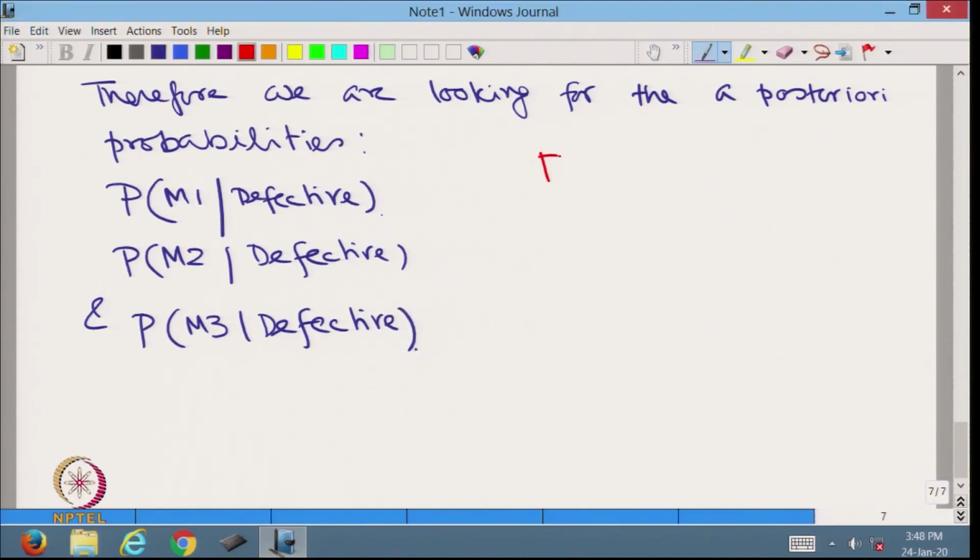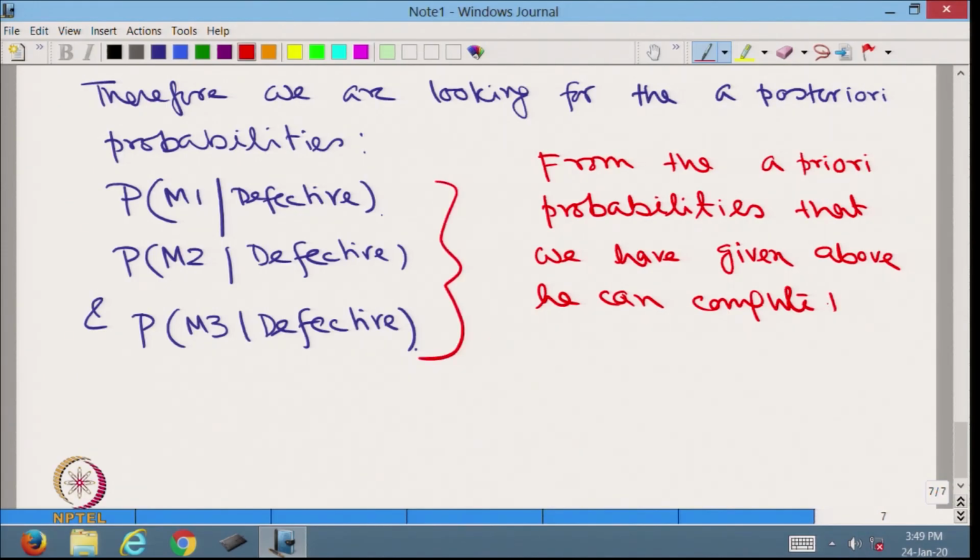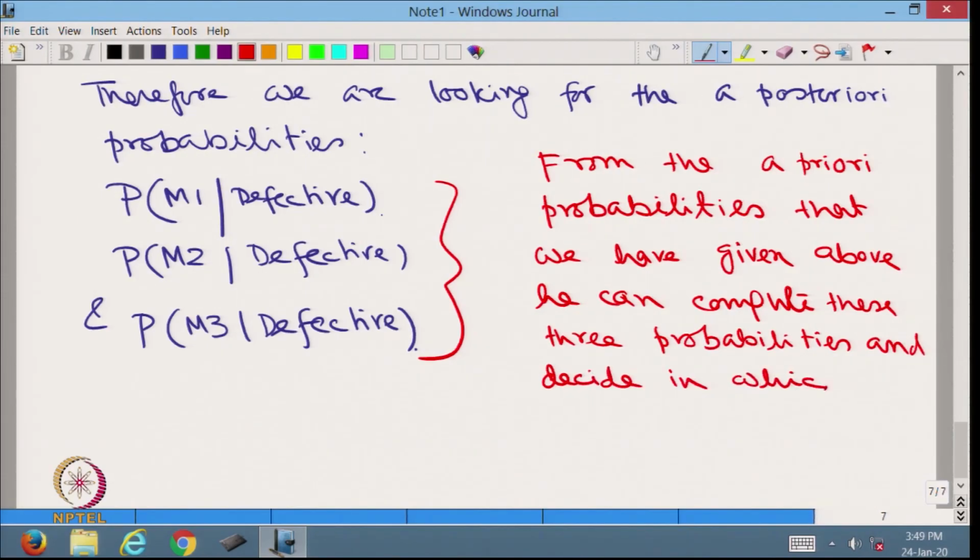As you can understand, from the a priori probabilities that we have given above, he can compute these three probabilities and decide in which order he will check the machines.